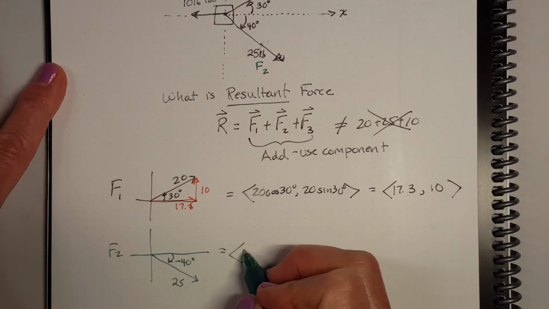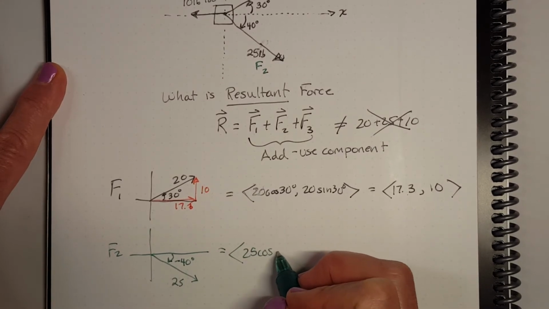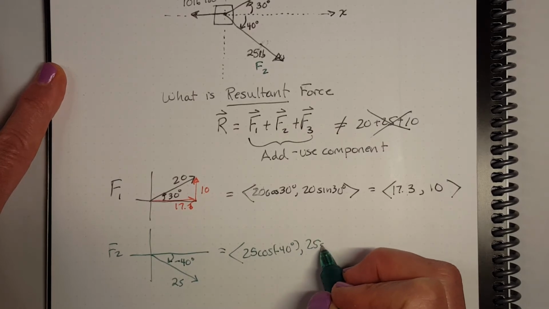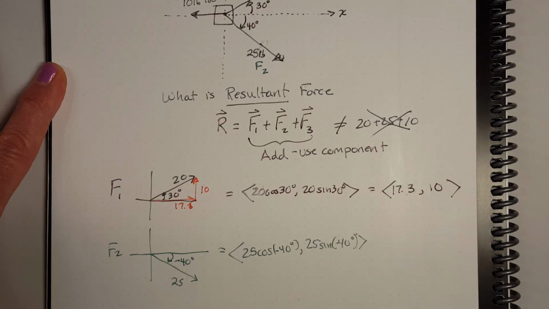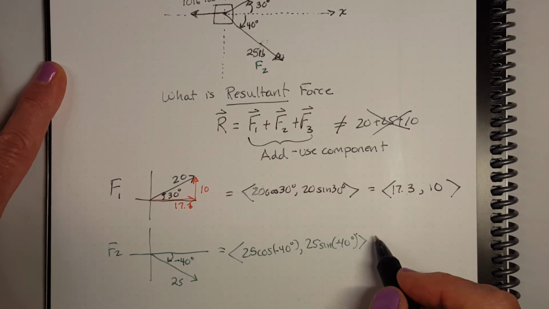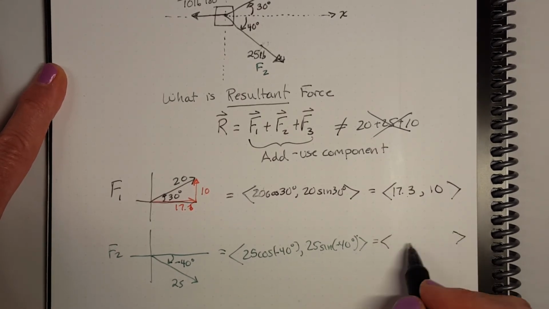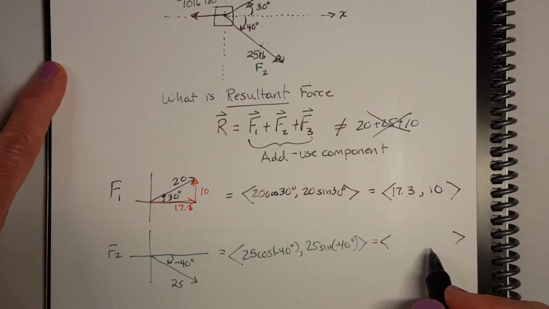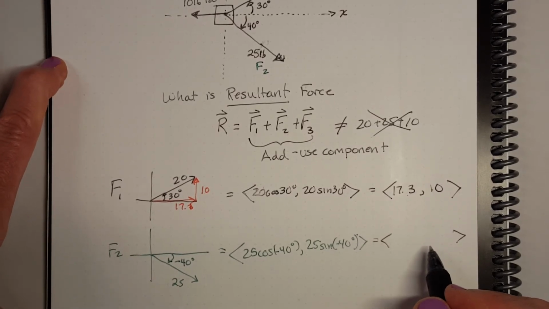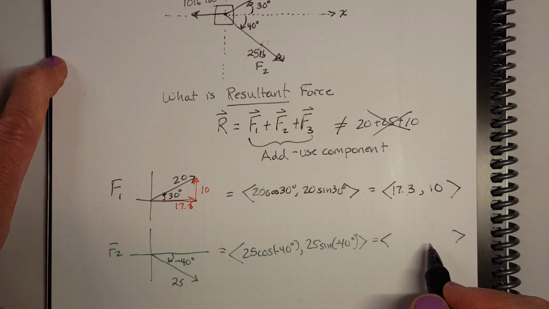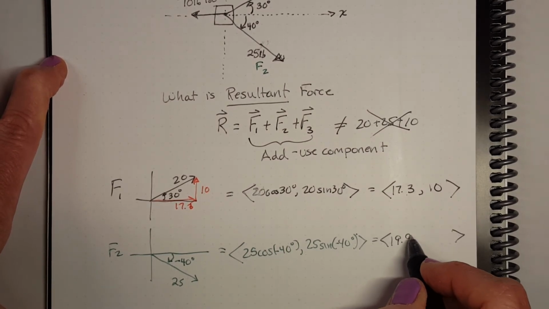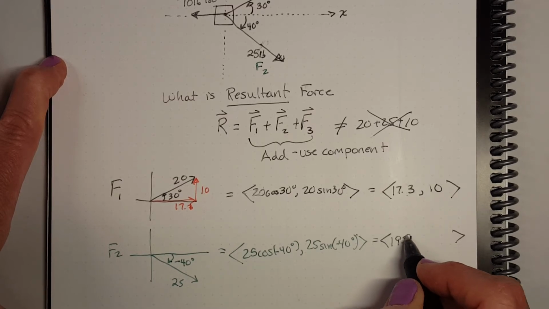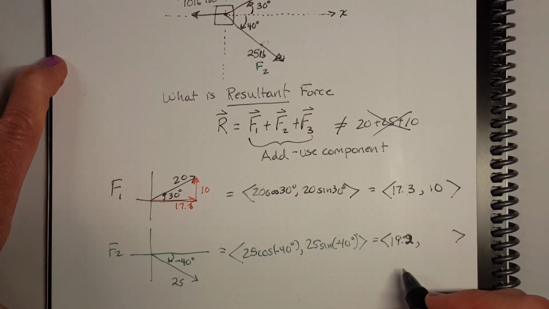So I can say 25 cosine of negative 40 degrees and 25 sine of negative 40 degrees. And when I do that, it takes care of the plus and minus signs on my components. So when I do 25 cosine of negative 40 degrees, I get 19.2.